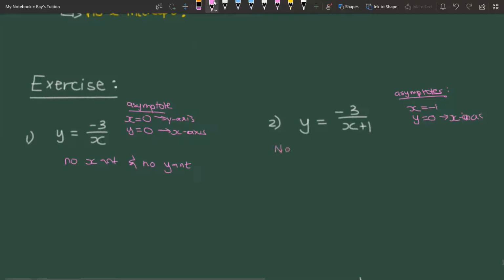Why? Because y is equal to 0 is an asymptote. When there's an asymptote on that line, there's no intercept. But there is a y-intercept. There's no problem with making x equal 0 because our other asymptote is not 0. So we have y is equal to minus 3 over 0 plus 1. So y is equal to minus 3. Therefore, our y-intercept is (0, negative 3).